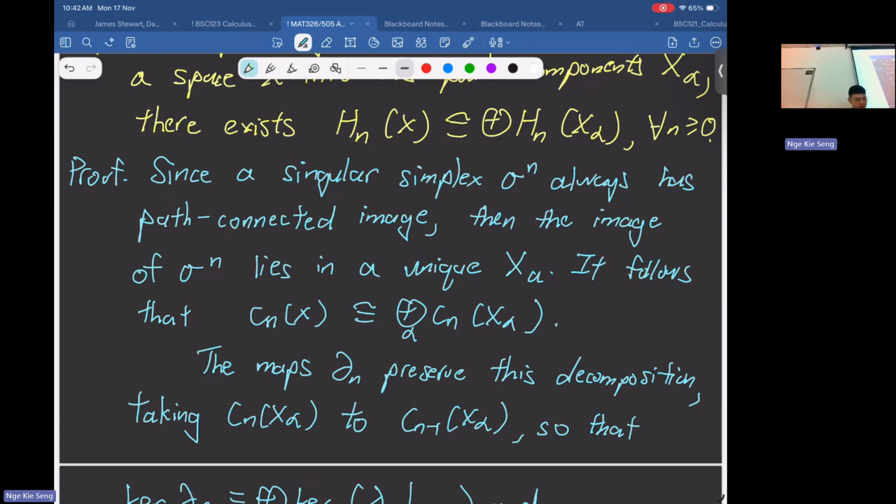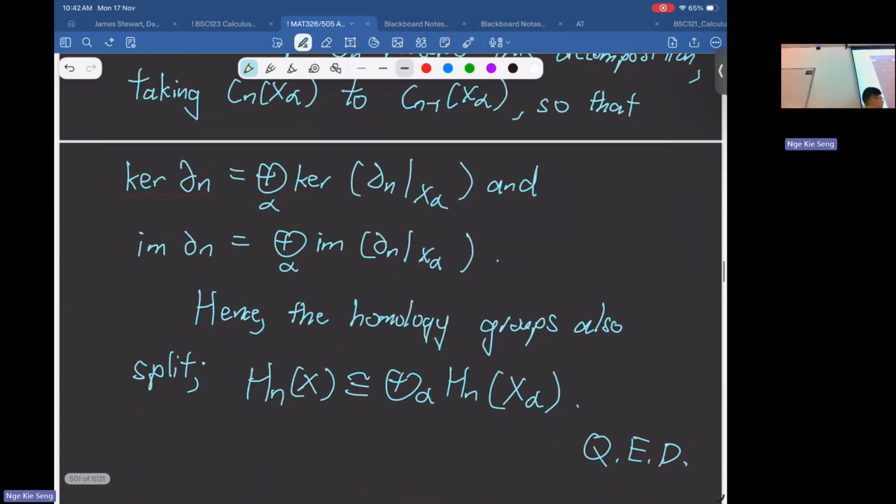In this case, it's just a matter of understanding the differential on X. You can split out the kernel and image as well, and restrict the differential to a path connected component. Okay, so far so good.